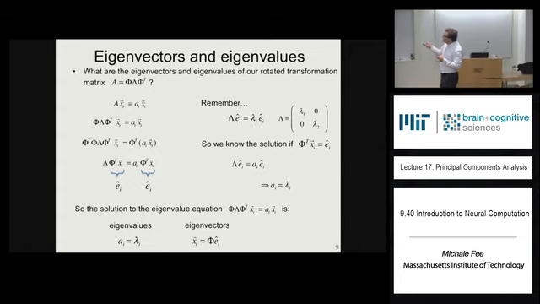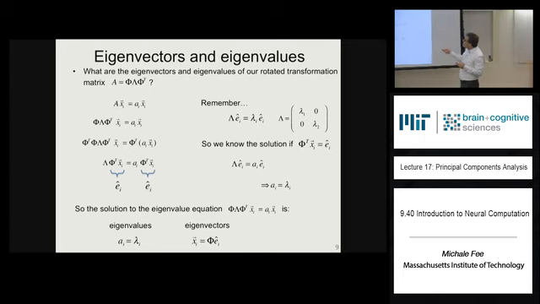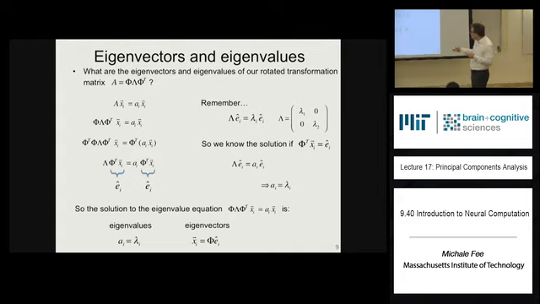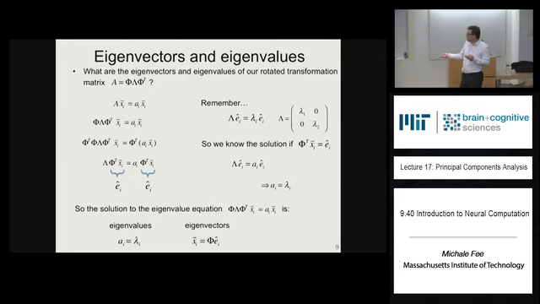And if we solve for the eigenvectors of this equation where A has this form of phi lambda phi transpose, you can see that the eigenvectors are given by this matrix times a standard basis vector. So any standard basis vector times phi will give you an eigenvector of this equation here. Okay?